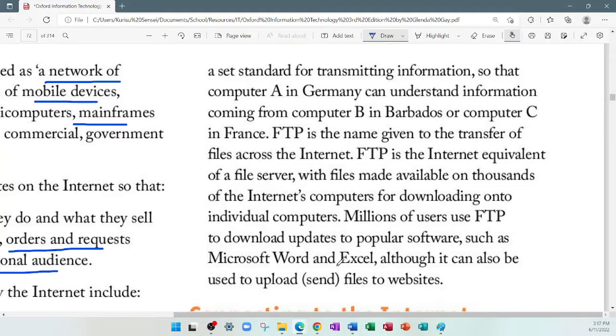So for instance, who would make use of it? Microsoft would make use of it to send out updates. Maybe a service provider might use that to send files to another person, and so on.